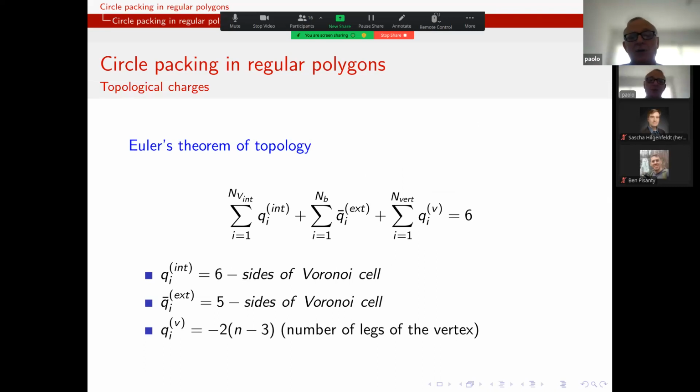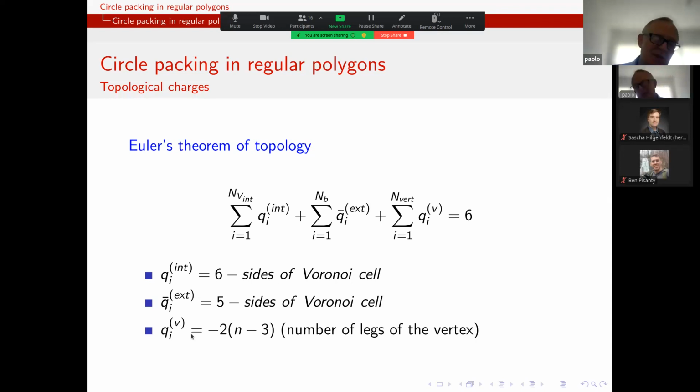Another thing that you can look at is topological charges. You can look at the Voronoi tessellation of the domain, and you will associate in the straightforward way a topological charge to each Voronoi cell, depending on the number of sides of the cell.